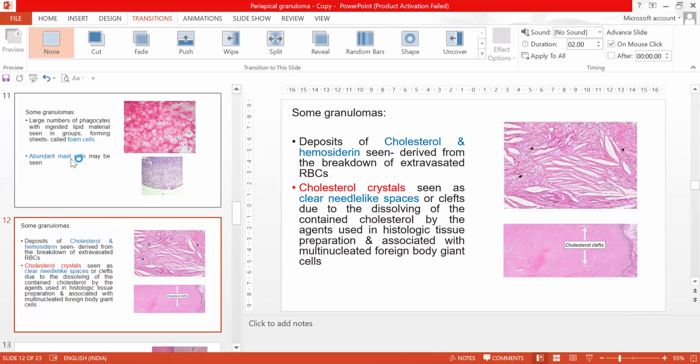Cholesterol crystals may be seen as clear needle-like spaces or clefts due to the dissolving of the contained cholesterol by the agents which were used in the histological tissue preparation, and this is associated with multinucleated foreign body giant cells.